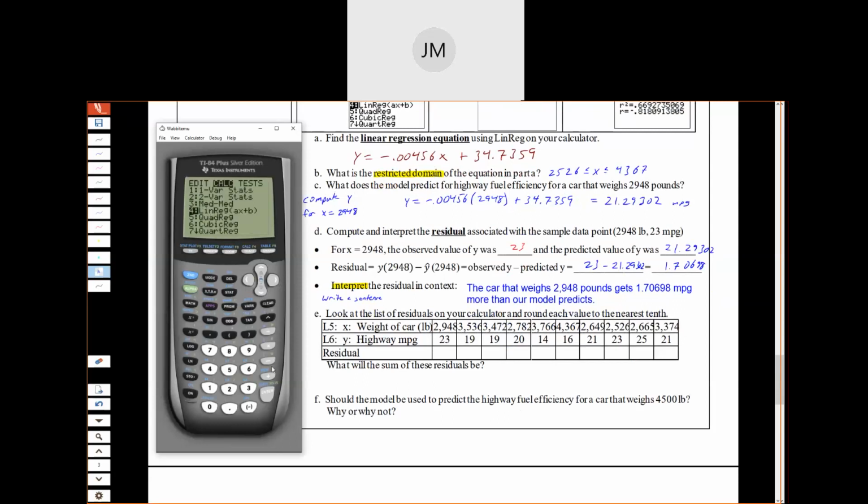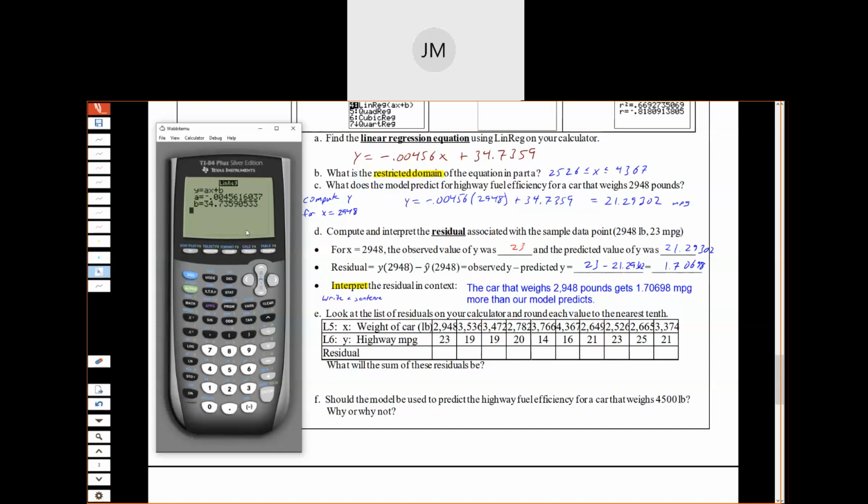When I hit this linear regression, in order to compute these values, it had to compute those residuals internally, and we can call those up.